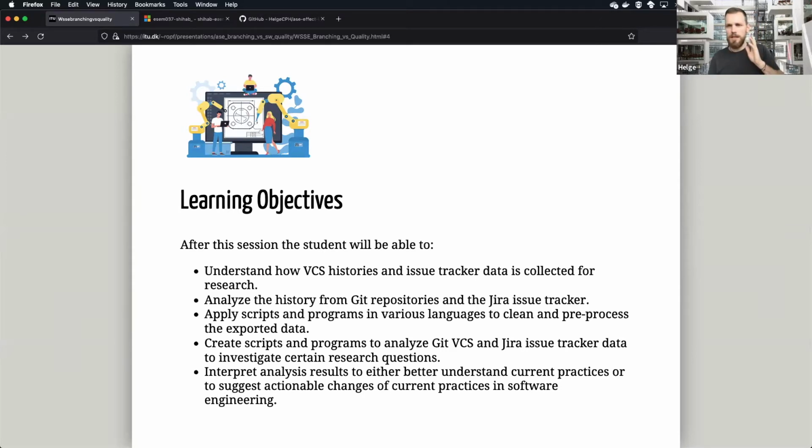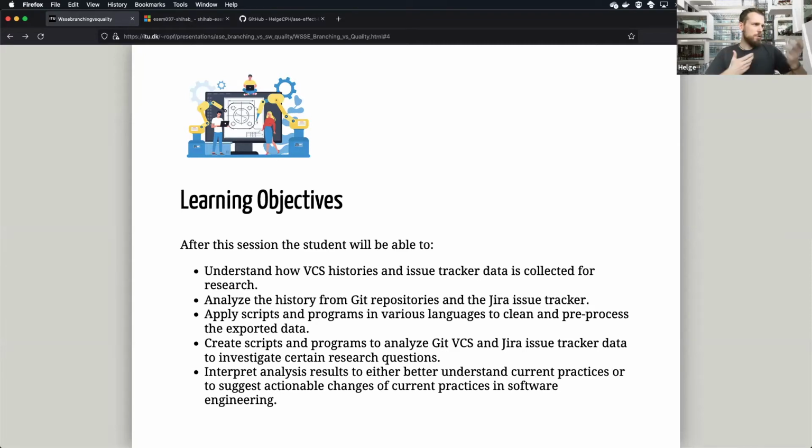And perhaps what I would like you to get out of that session is, in essence, how could I run a very tiny bit of software engineering research similar to what these Microsoft people do in their paper, either for research, or because I work as a software engineer in some company and we need to figure out something about our development process.